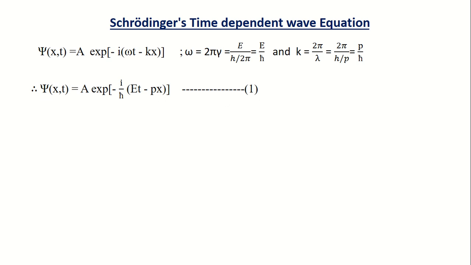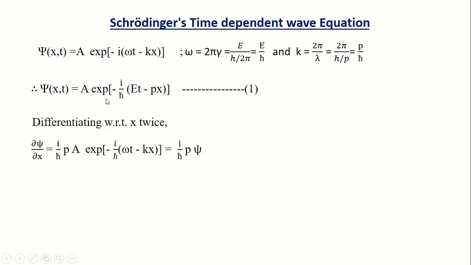Now as it is a function of x and t, first we will differentiate this equation 1 with respect to x twice. So first with respect to x, dou psi by dou x is equal to, now here a is constant, we have to just consider the coefficient of x, which is minus i by h cross into minus p. So minus minus becomes plus, and this becomes i p by h cross.